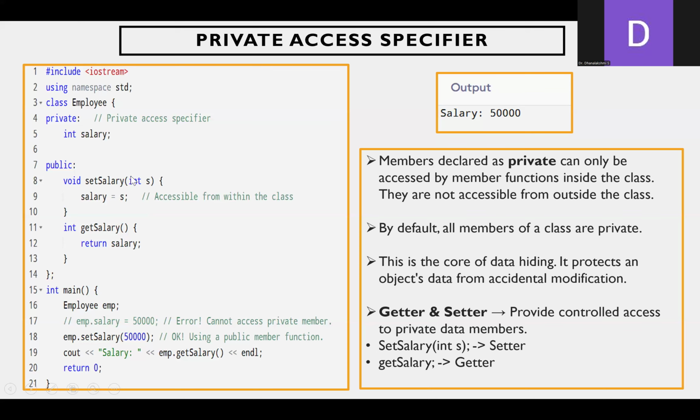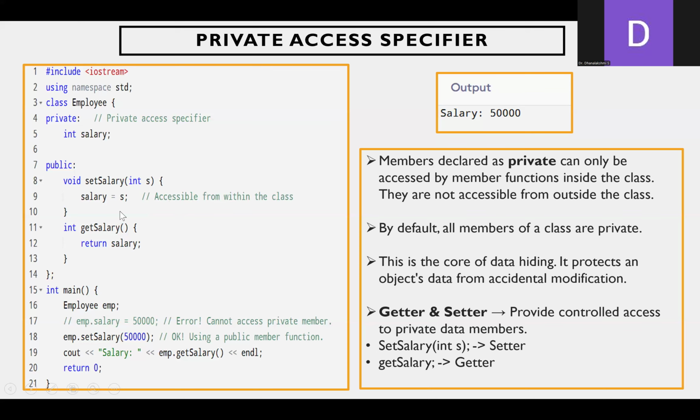Now, under the public section, we have two member functions. What are they? setSalary and getSalary. setSalary is used to assign a value to the private variable salary. Inside this function, we can write the salary.